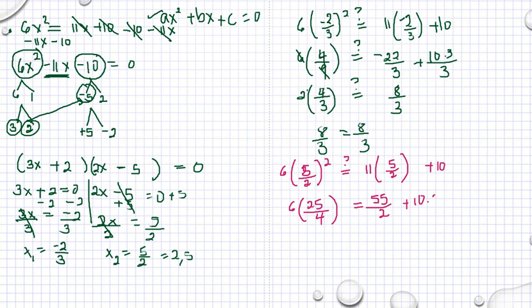So if we multiply both numerator and denominator with 2, then in this part we have 20 plus 55 is 75 half.